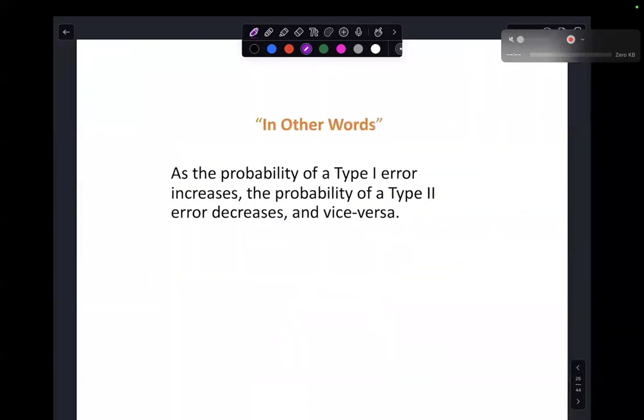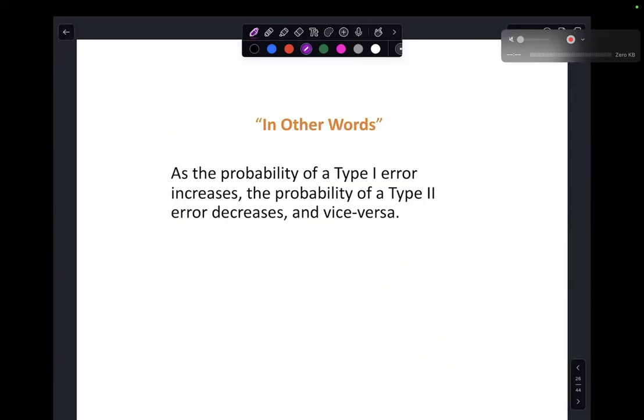Now, I'm not even going to ask you this question, but as the probability of a type 1 error gets larger, the probability of a type 2 error gets smaller, and vice versa. I don't think this is asked anywhere in your homework. It's not asked on the test, but it is the case. If you move on to stats 244, I don't know how many of you are going on to 244, they go a little bit deeper into this stuff.